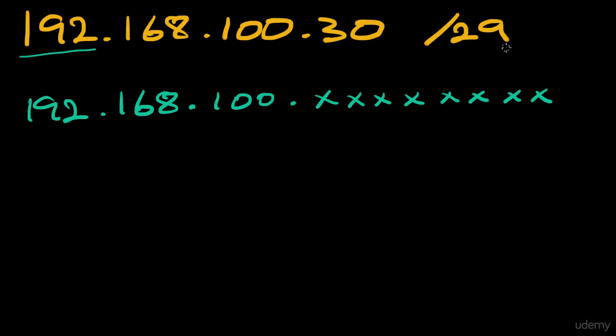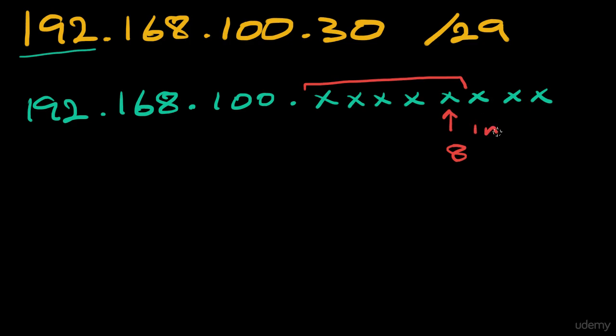The prefix here is /29. /29 is covering the first 3 octets, which is 24 bits, 25, 26, 27, 28, 29. So these 5 bits in the last octet are our subnet bits. This bit is the subnet bit with the lowest value, and its value is 8. 1, 2, 4, 8.